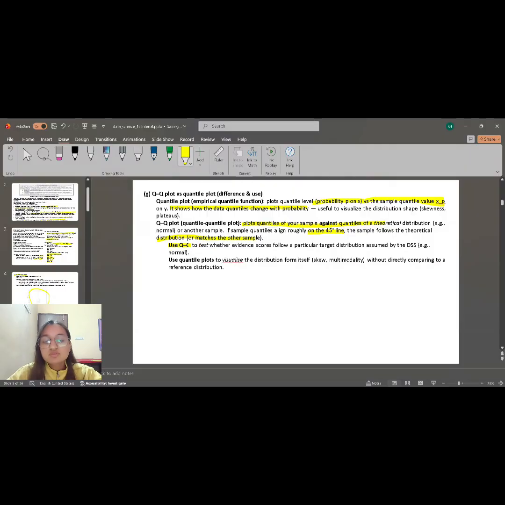Use QQ plot to test whether evidence scores follow a particular target distribution assumed by the DSS, for example normal. Use quantile plot to visualize the distribution form itself, skew or multimodality, without directly comparing to a reference distribution.